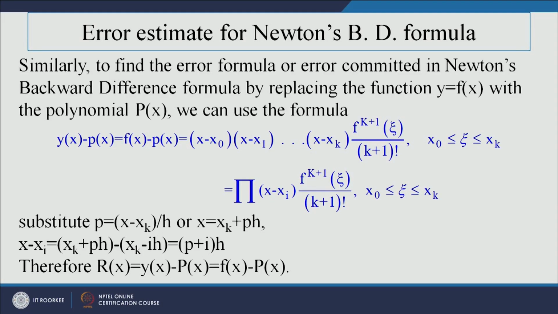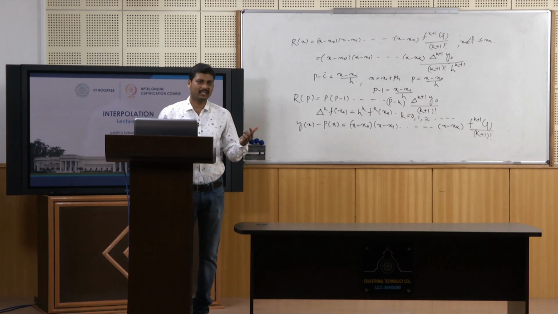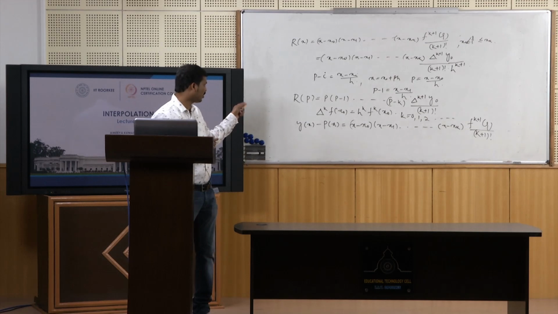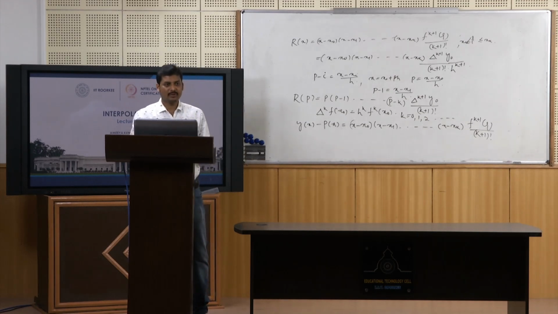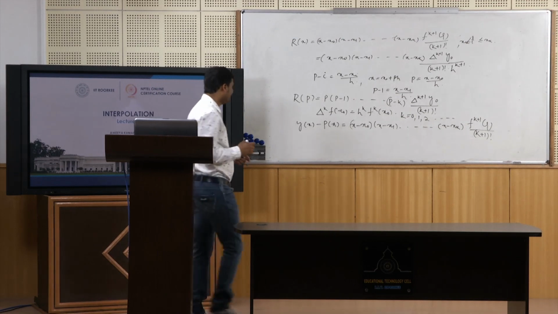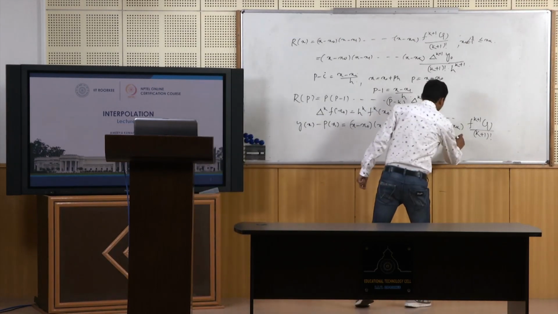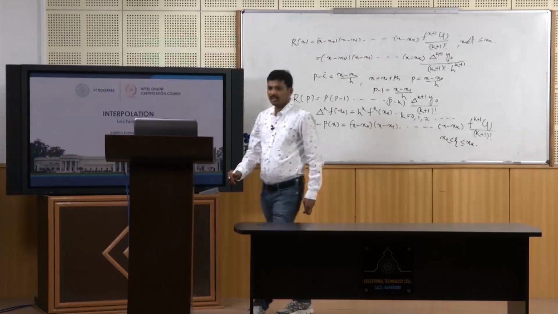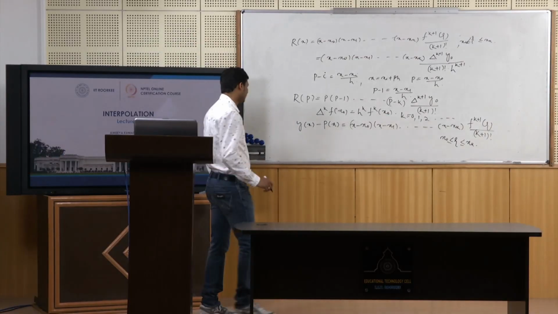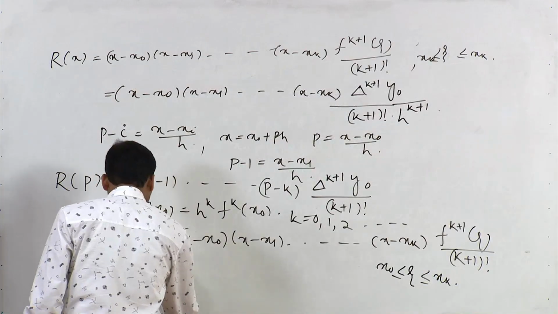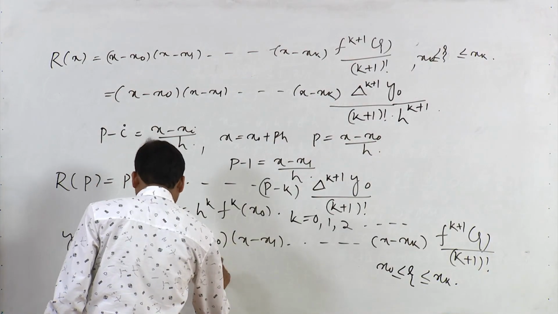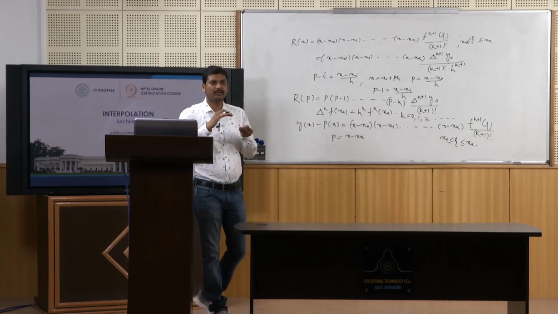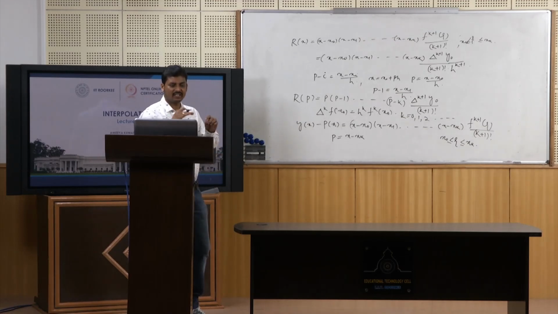In the product form, as we have expressed in the earlier section, it can be expressed as the product of (x minus xi) times f to the power k plus 1 of zeta by k plus 1 factorial, where zeta lies between x0 and xk. If you substitute p equals (x minus xk) by h, since we are starting this backward difference formula at the end of the table, we take the last point as xk.